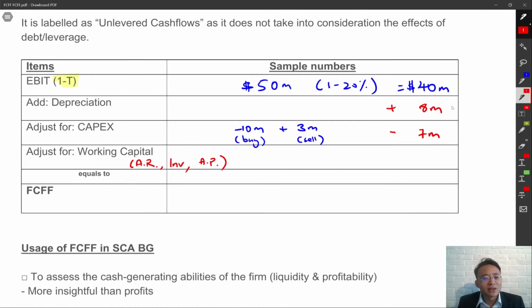No pun intended. Here, let's assume that these three together give us a net figure of negative $1 million. Now, when we add everything up, 40 plus 8, minus 7, minus 1, we get back the same amount of 40.